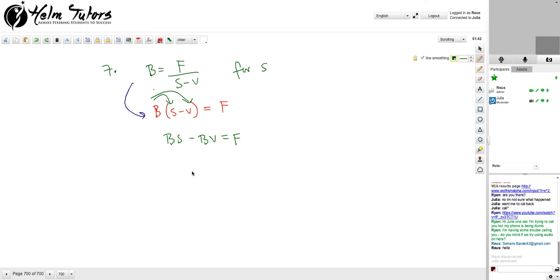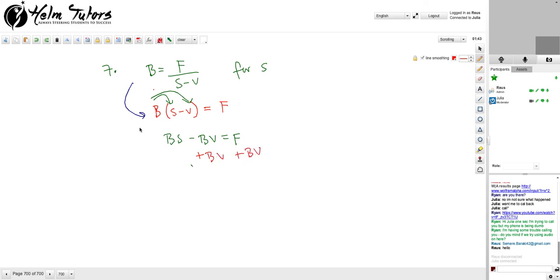So what are you trying to solve for? Yeah, I suppose you could divide everything by b here, but perhaps we should have done it at the middle step. Since you're trying to get s by itself, right now this part doesn't have an s in it, so move it to the other side. Right. So how could I do that? Yeah, exactly. Add bv.